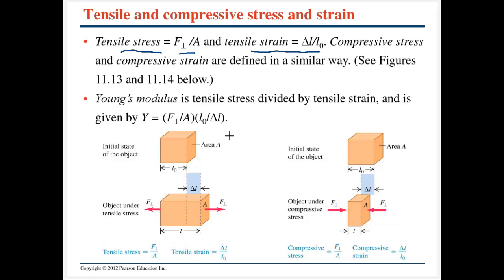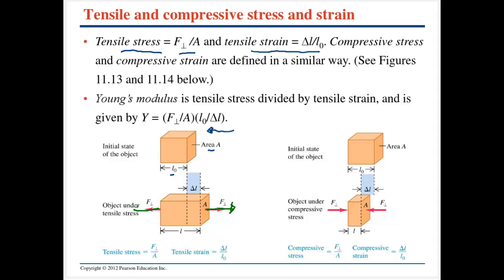So what we can do is we can say, okay, suppose we have an object, it's a real object, it's got some size associated with it, it's got some area, it's got some initial length, and I'm going to take two forces and I'm going to pull on this object.